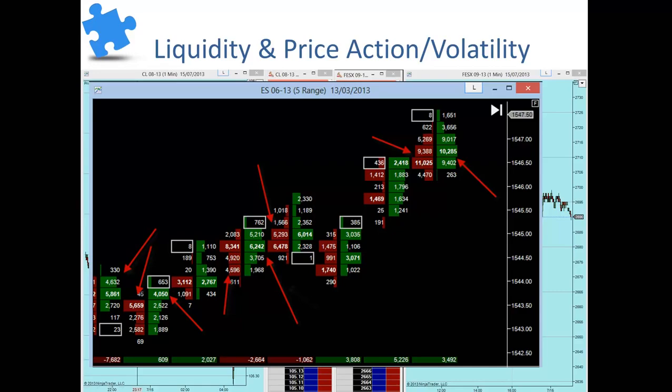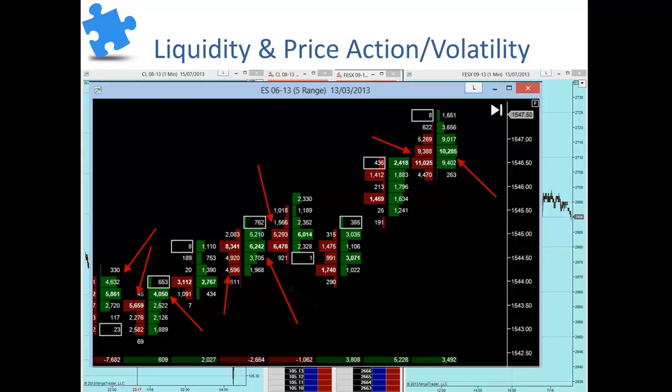Is there somewhere you can go to find out the typical liquidity for a certain future? That would be a great resource. I'm not sure of anything that exists. The only thing I know is to just look at the dome every 15 minutes.